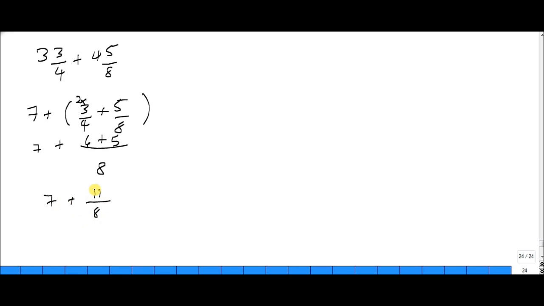What is 11 over 8 as a mixed number? That would be 8 into 11 one whole time, and 3 over 8. So our answer would be 7 and 1, and 3/8, that is 8 and 3/8.